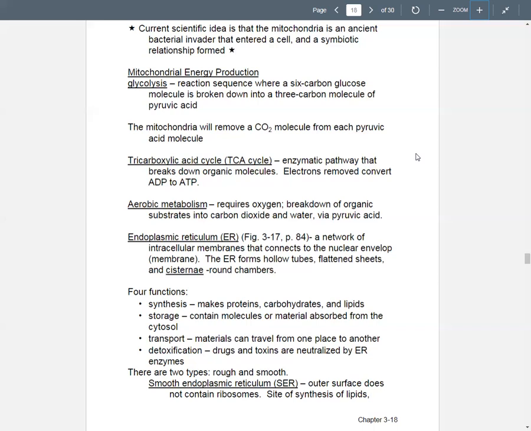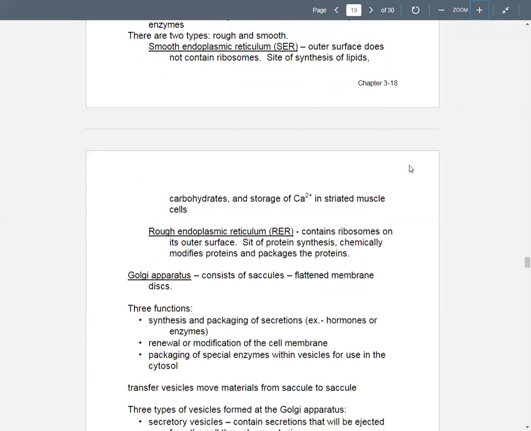So there's two types of endoplasmic reticulum. You have the rough ER and the smooth ER. Let's cover the smooth ER first. The smooth ER is smooth because there are no ribosomes on the surface.